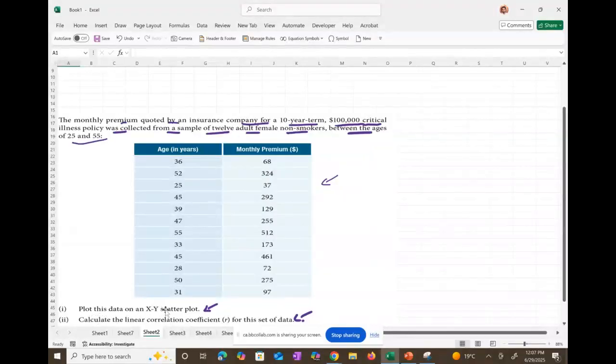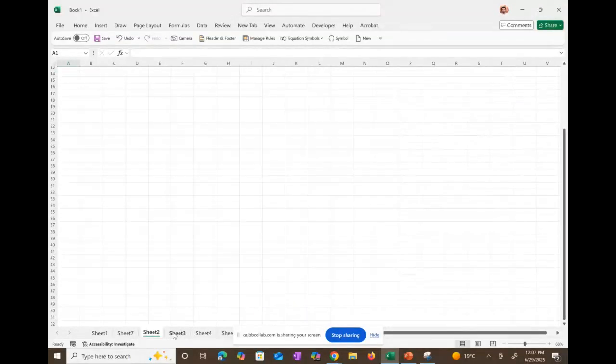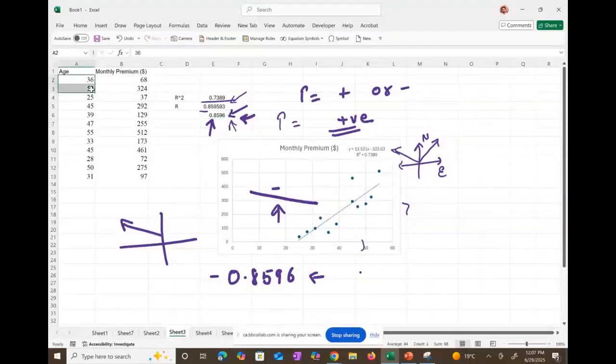Plot the XY data, calculate the linear correlation coefficient, and different things. Now let's say I was asked to find the coefficient of regression in this case. This is age given to me and then monthly premium. So I'm going to do the same thing. I will look at this data and redraw everything.